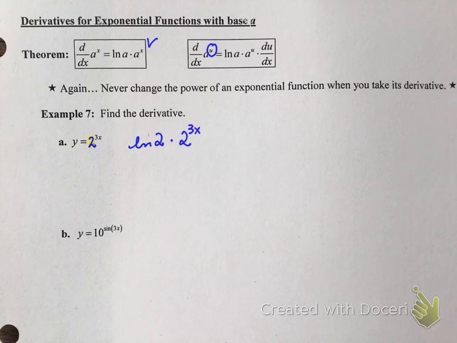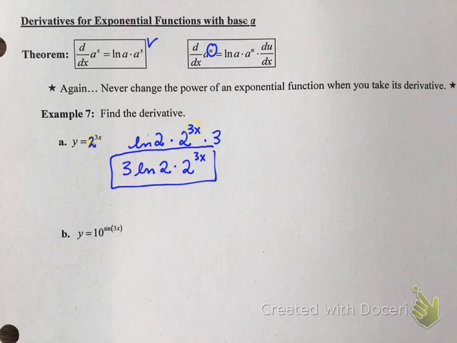So that's 3x. Now I have to use the chain rule and take care of this 3x. So the derivative of 3x is 3. Okay, so this becomes 3 natural log 2 times 2 to the 3x. Okay, that's the best I can do. By the way, I cannot multiply the 3 and 2 together because they are not like terms.